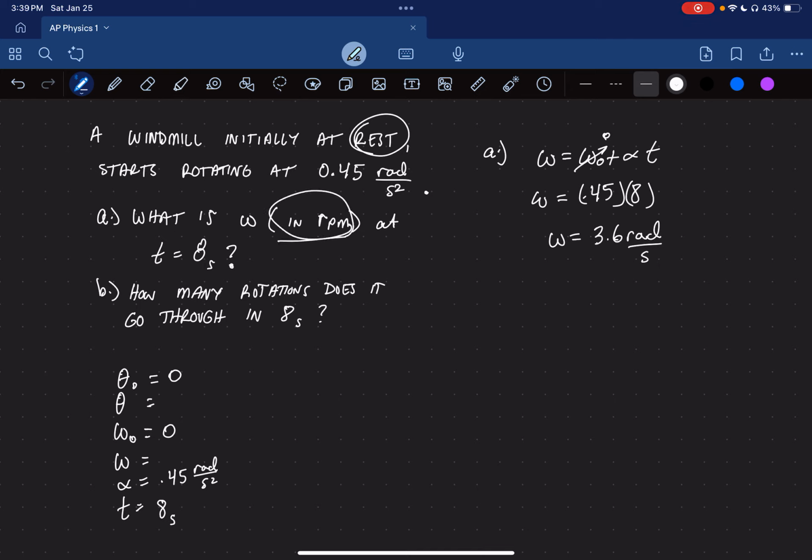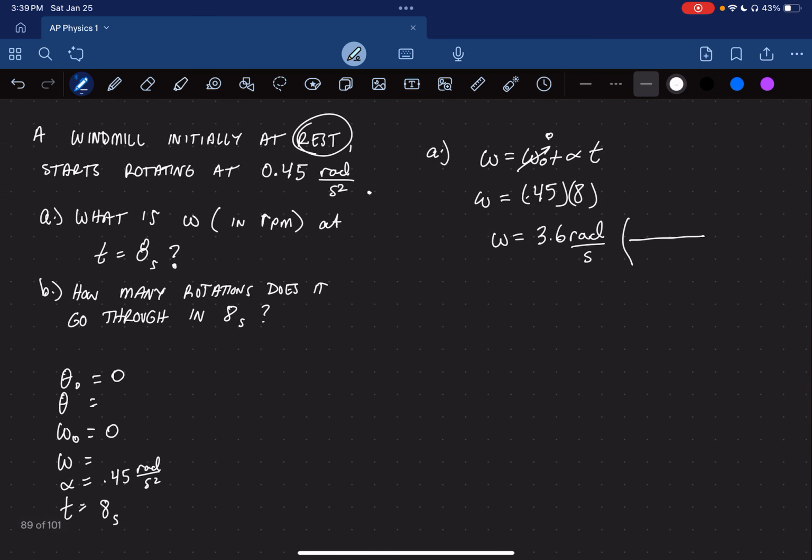But they want it in RPM. Not a problem. We'll put in our conversion factor, and I'll just have to squeeze this in here. Let me get rid of radians. If I'm getting rid of radians, it needs to be on the bottom of one of these fractions. We are converting that to rotations.